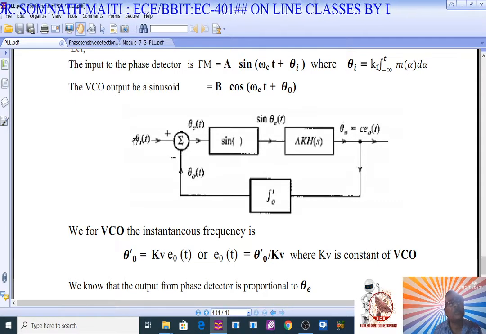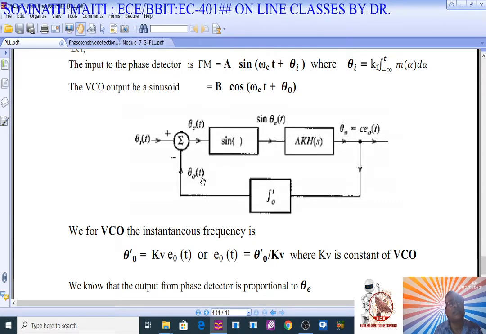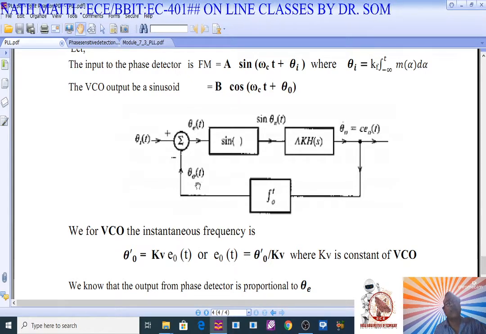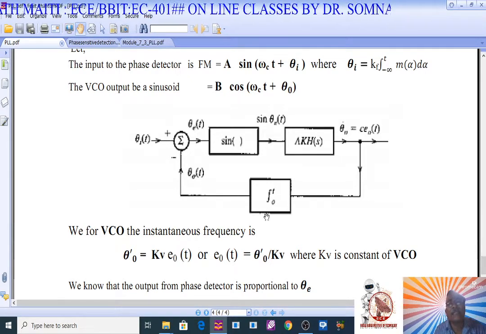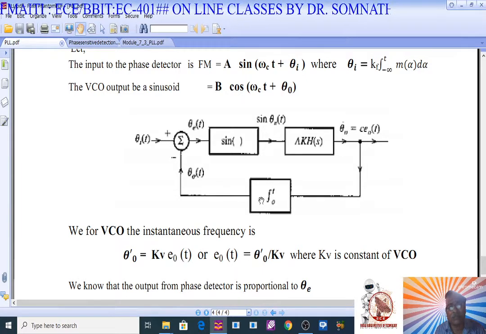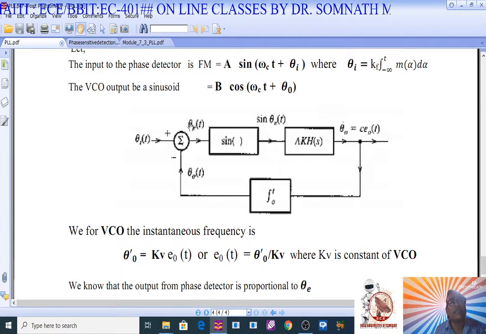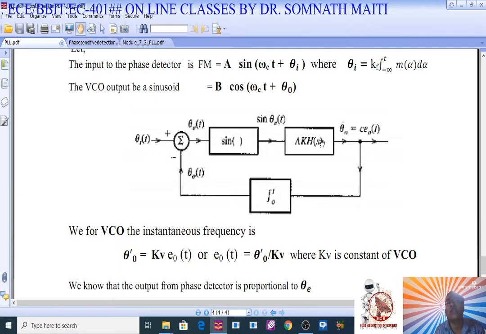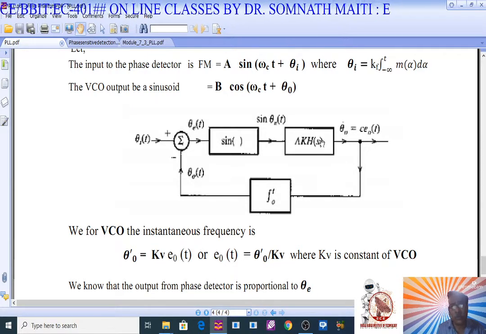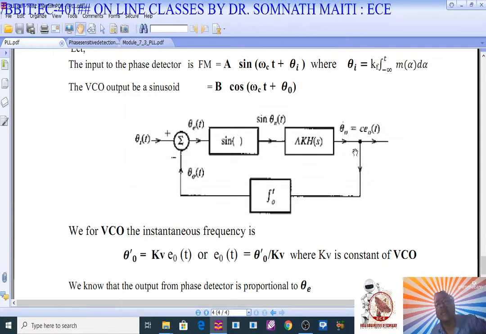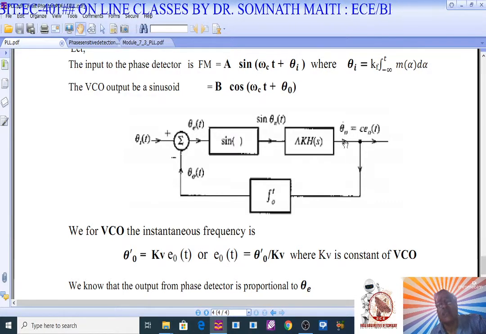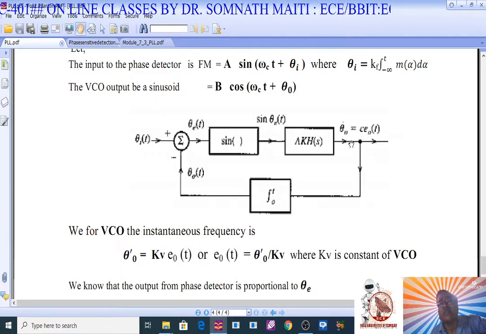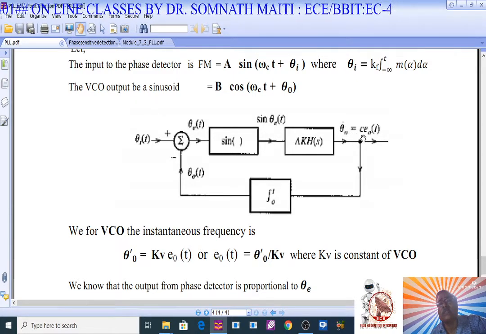Theta i is the phase of the input and theta 0 t is the phase of the VCO. The integrator, as I have already explained, is the mathematical model of the VCO. Then theta e, sin of theta e, is passed through a low pass filter, so theta 0 dot equals C E0 t.